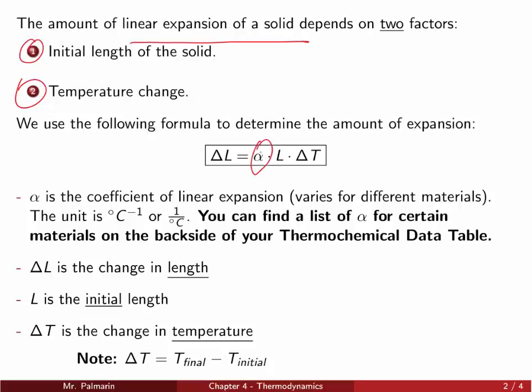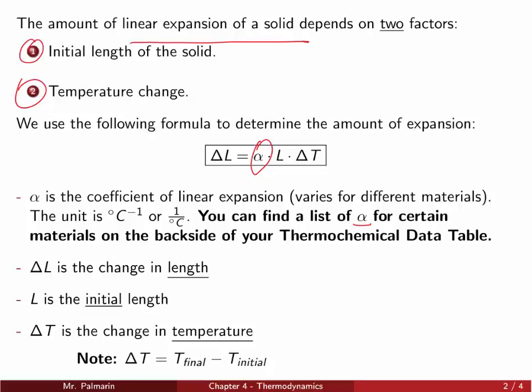What's this constant? It is called the coefficient of linear expansion, and it varies for different materials. We have a list of alpha, the Greek letter alpha, for certain materials on the backside of your thermochemical data table.